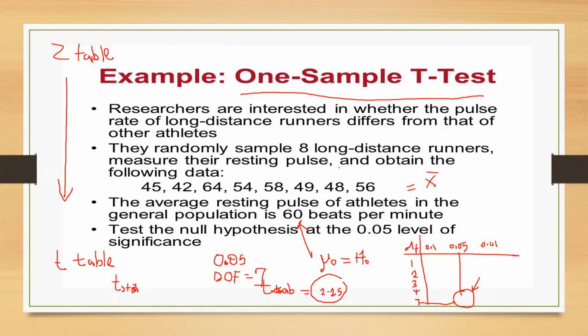Yes, sir. It is greater. I've explained this over and over again. Look at it on the screen. If your T tab is greater than your T cal, call it T start or T cal, the same thing we are talking about, the T calculated.